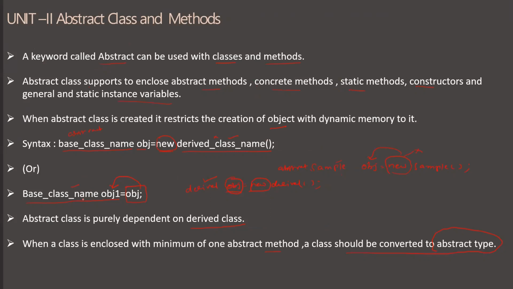You can see here, this is the way to create a reference object, and you do not create the object with dynamic memory allocation like this. Here it is a derived class, so it is correct. Whereas if you take the base class name here, and that base class is abstract, it is again wrong to create dynamic memory for it using the new keyword.